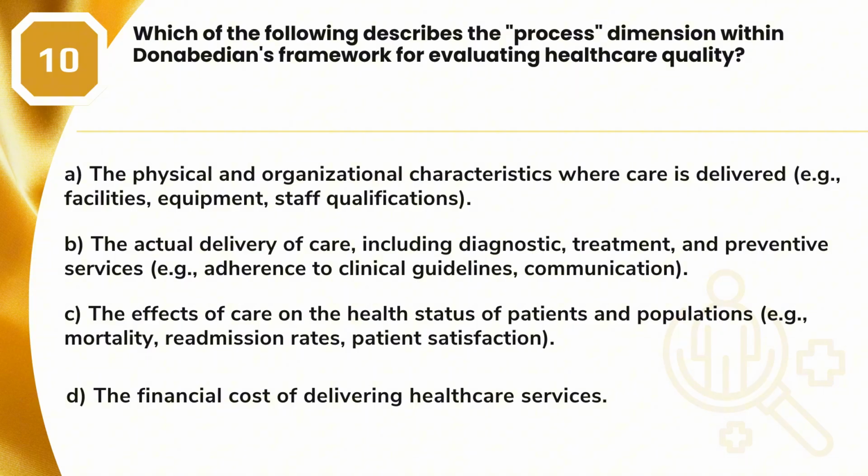B. The actual delivery of care, including diagnostic, treatment, and preventive services, e.g., adherence to clinical guidelines, communication. C. The effects of care on the health status of patients and populations, e.g., mortality, readmission rates, patient satisfaction. D. The financial cost of delivering healthcare services.